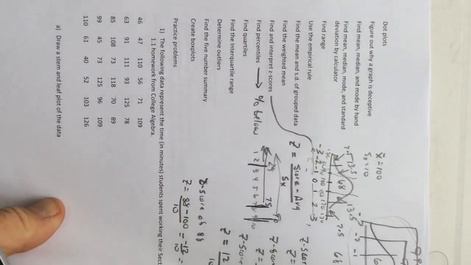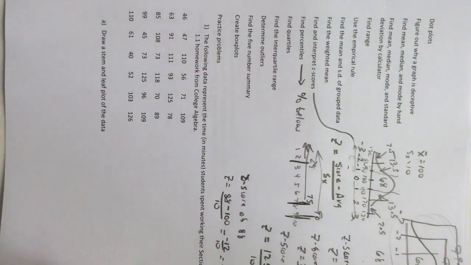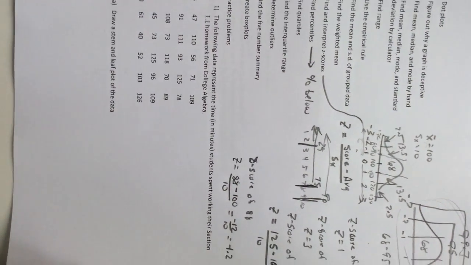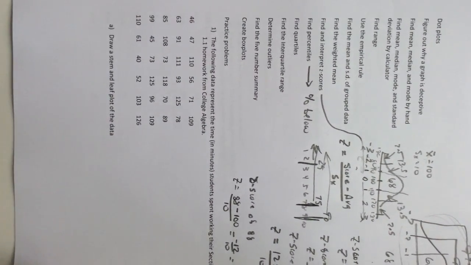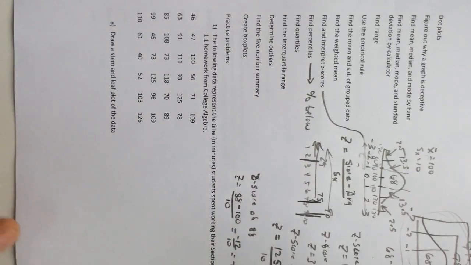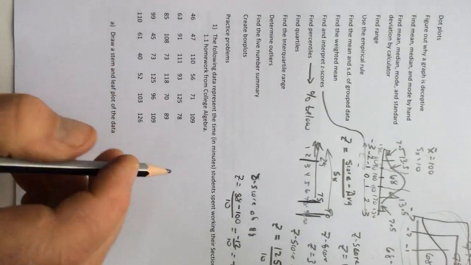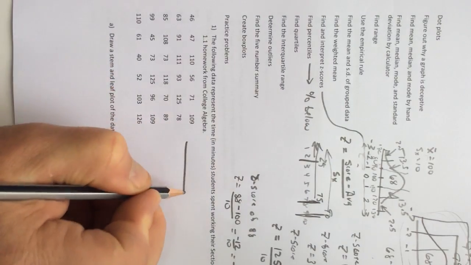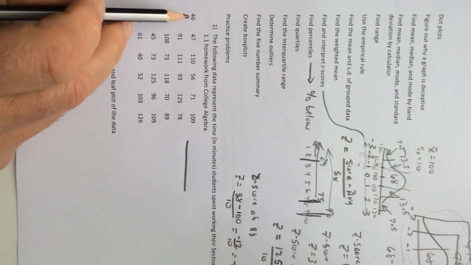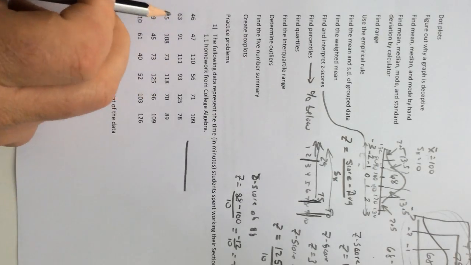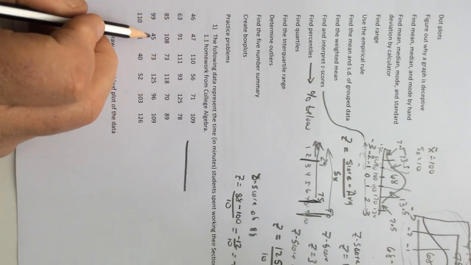Okay, number 1. Following data, draw a stem and leaf plot. Okay, so stem and leaf plots, what you generally do is pick a number to be the stem. So the smallest one here looks to me like 45.